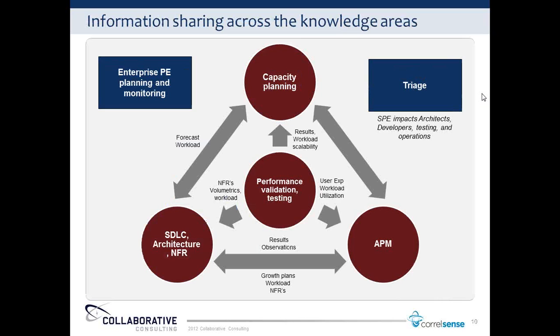And so here's how that knowledge really gets transferred, where the performance team in the middle there, the application and development team on the lower left, the SDLC and the architecture, they build the system. They build the system according to goals and objectives for performance. Capacity planning works by sharing forecasts and trying to predict what the new workload will be.